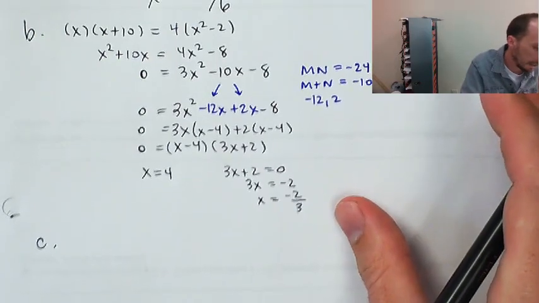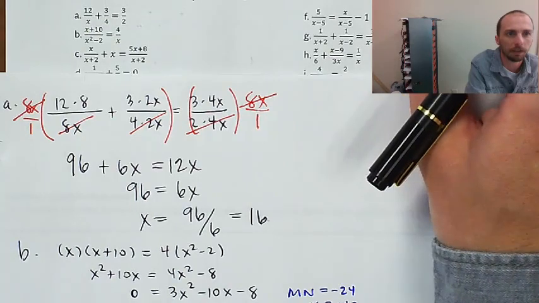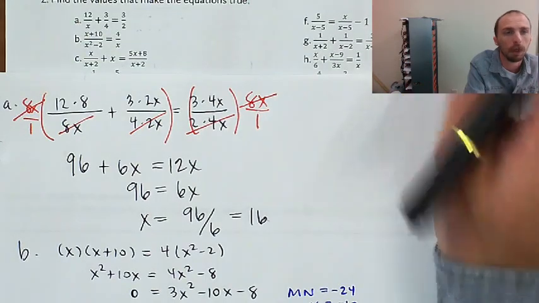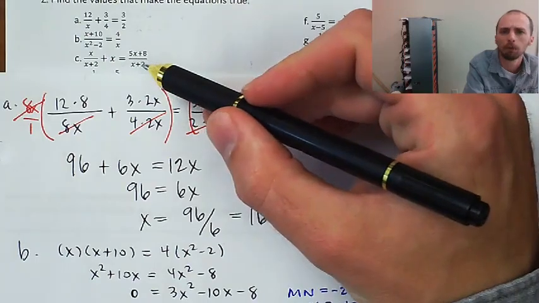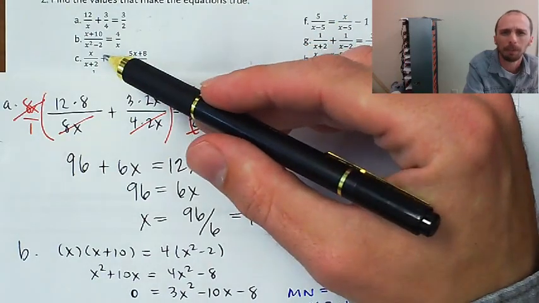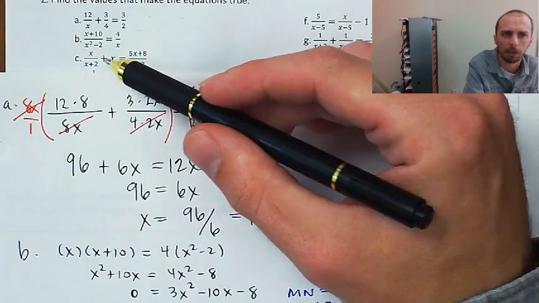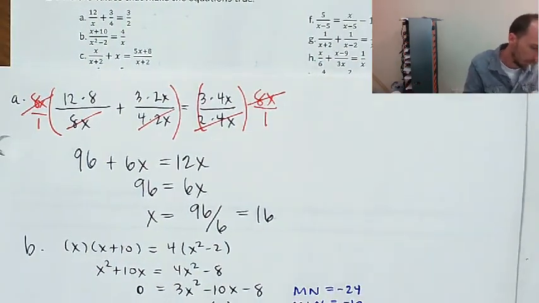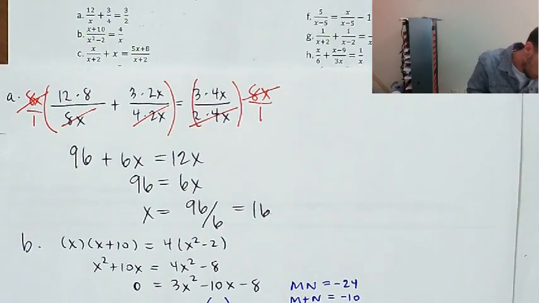All right, the next one here, so let's bring it back. C, x over x plus 2 plus x equals 5x plus 8 over x plus 2. This one, I'm pretty close to a nice common denominator. So I think I'm going to get this one a common denominator, and then I'm just going to clear everything out. It's going to be the way to go. So I'm going to just copy the problem real quick.